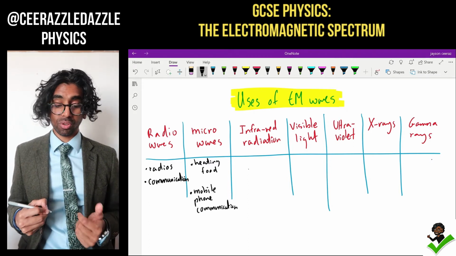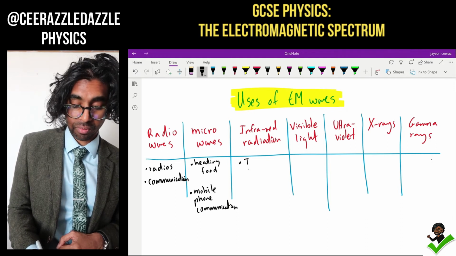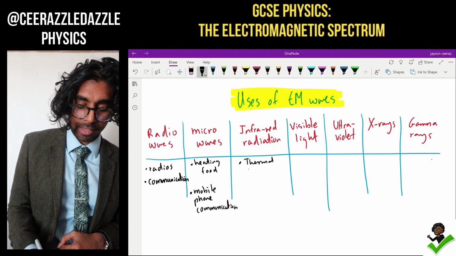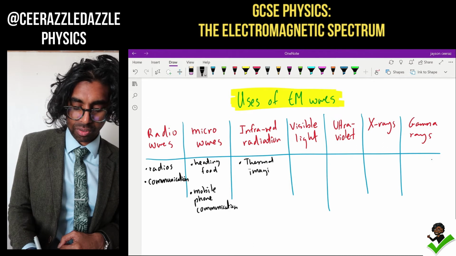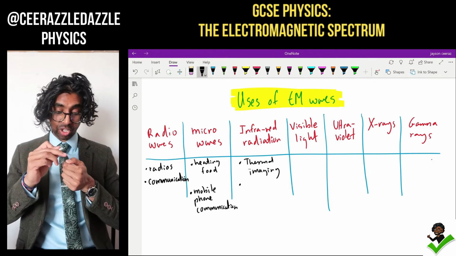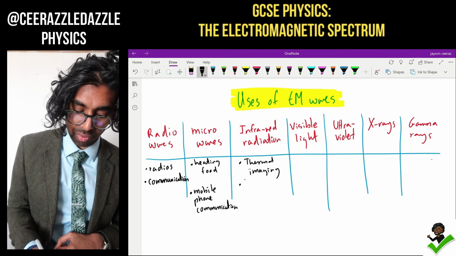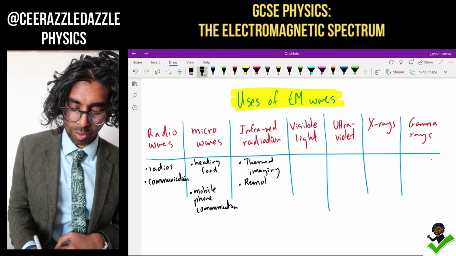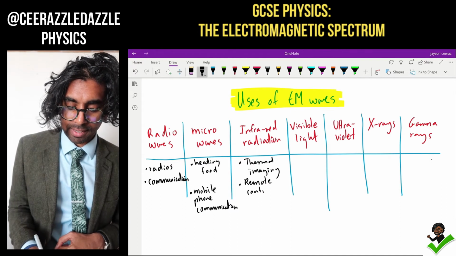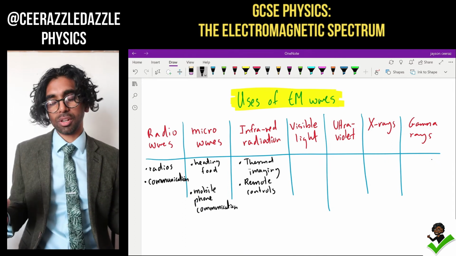Infrared radiation is used in thermal imaging, and also it's used in remote controls. Whenever you use a remote control, it shoots a beam of infrared radiation. Visible light, that's a bit different, but we know that from everyday life.